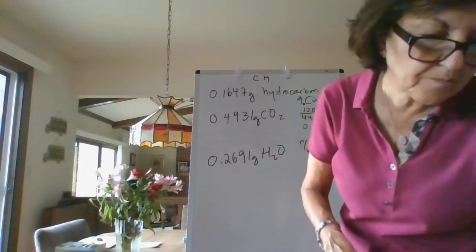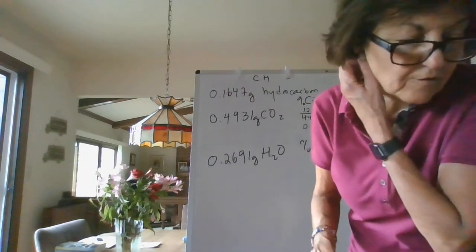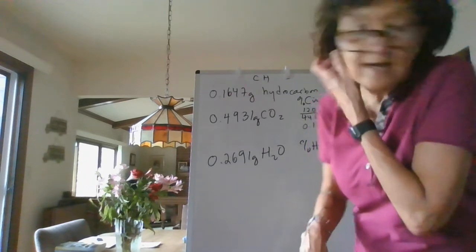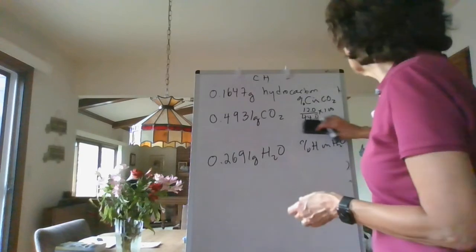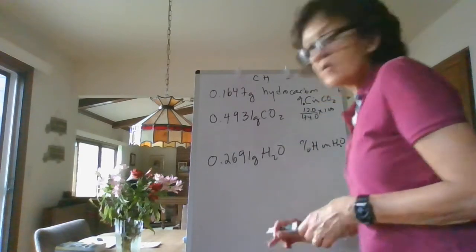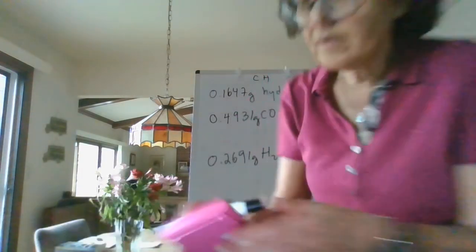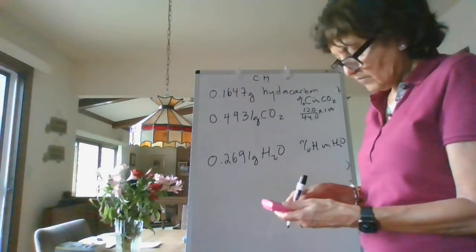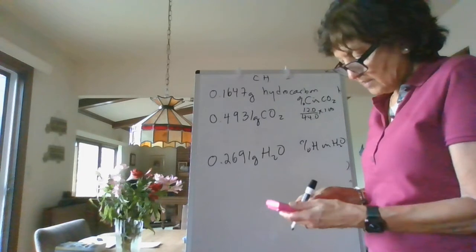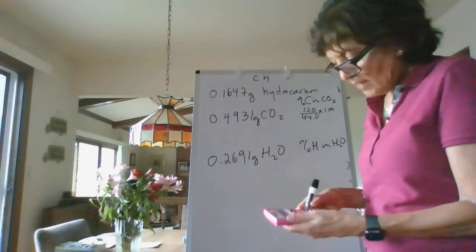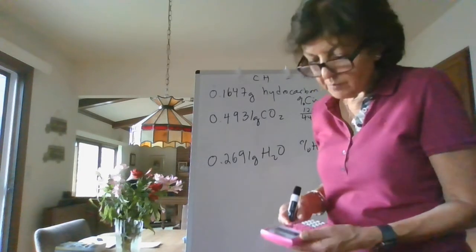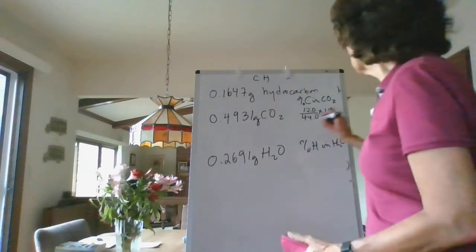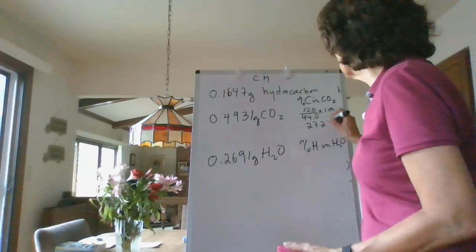Did I just forget? Yeah, you don't have to multiply by 100 for this, but you can. Sure, I'm going to multiply by 100. So let me get the calculator. So 12 divided by 44 times 100, and you have 27.27. So 27.27%.